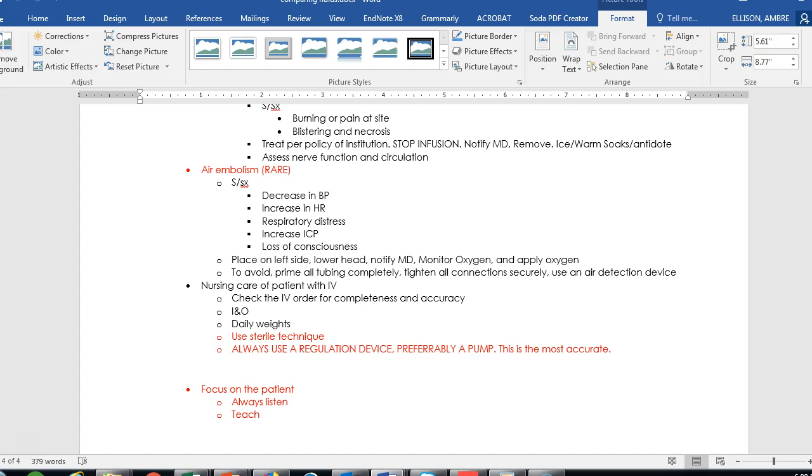If you, again, are in a trauma setting and you have to get fluid or blood in them quickly, then a pump takes a little while to get and you might not be able to use it right away. But anytime you are able to, you always use a pump.